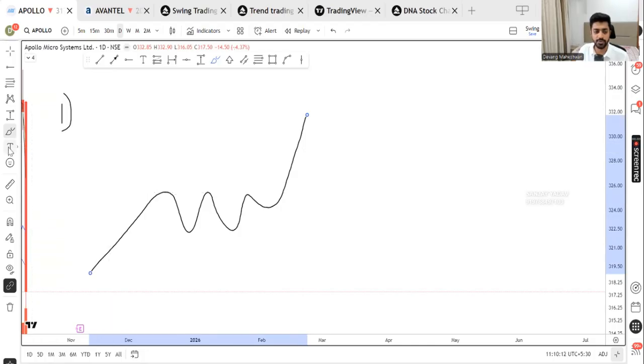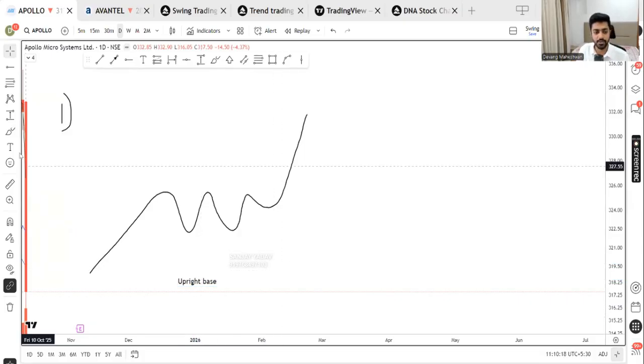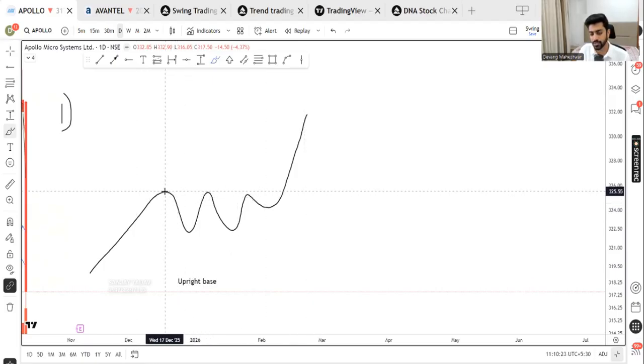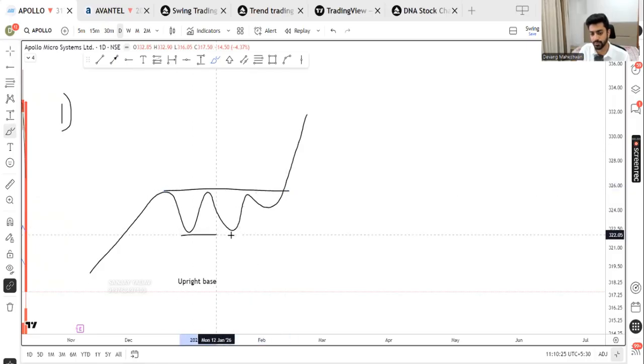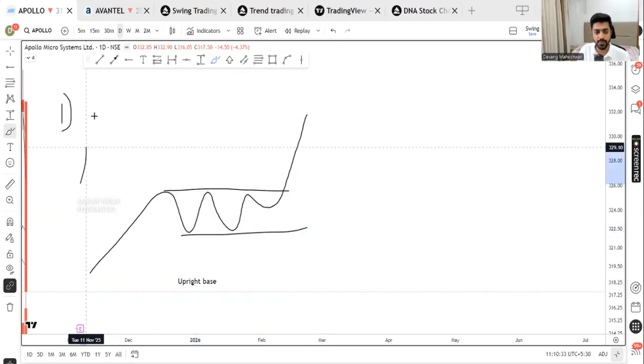Okay, this is your first case. This is called an upright base. The reason is it simply went up and it formed a right side near these highs. Near these highs it corrected, then again came up, then down, then again came up to these levels. So this is simply up and right.